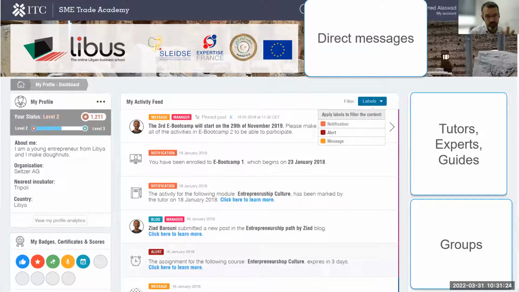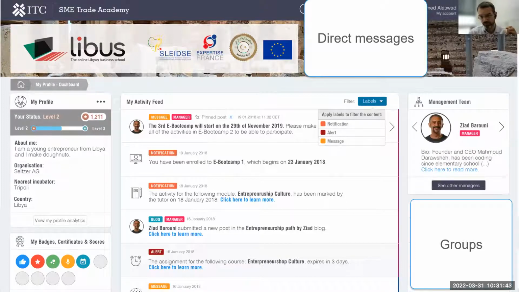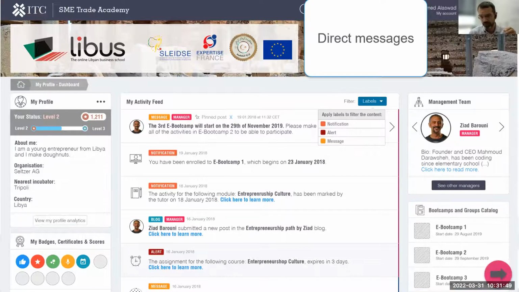In the main central part, we have a bit of a timeline similar to some social media platforms. So that's where you get your notifications, your exchanges with your manager of the platform, announcements and alerts on some events that will happen. Then you have access to the management team, to the people you can reach out to. And then you have also some groups, subgroups by topics that you can reach.